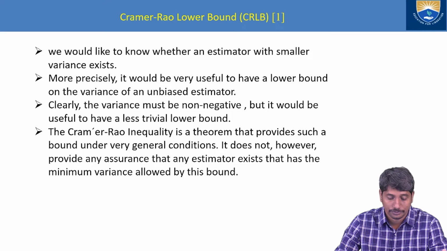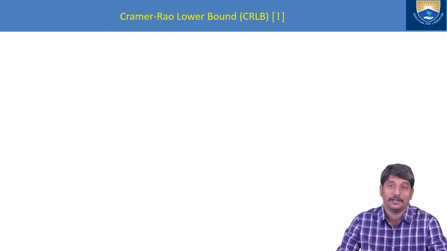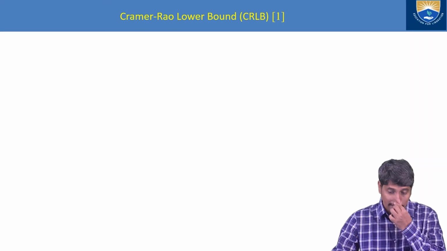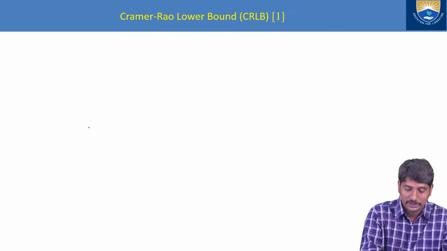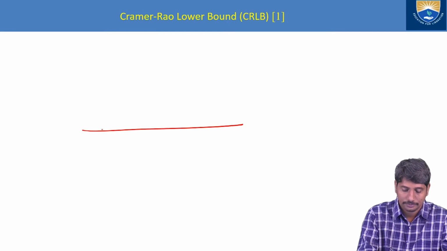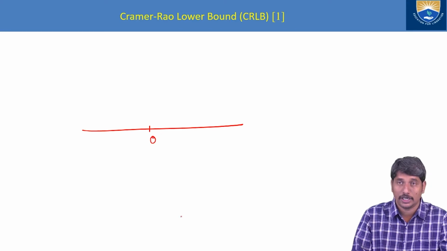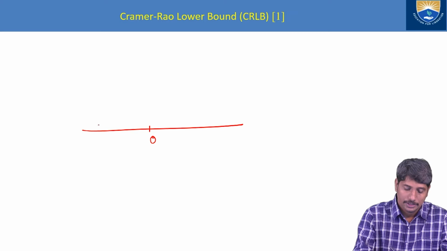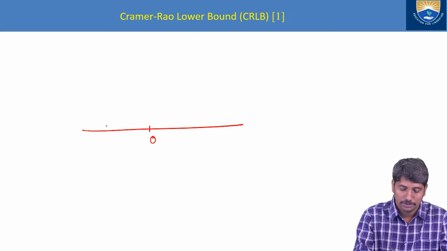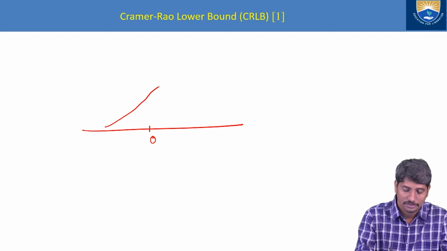So for that, I'd like to take help of a slide. Now, see this diagram. Say this is the parameter theta which you would like to estimate. See, this is the distribution of the values of alpha.